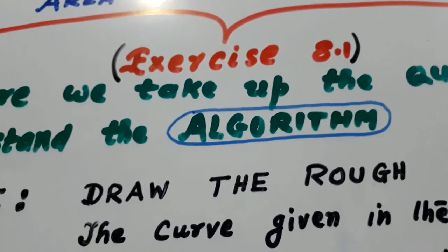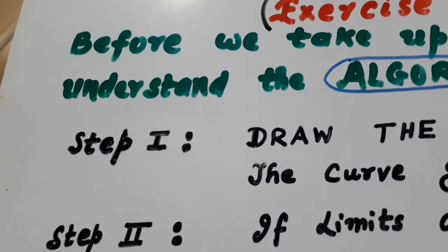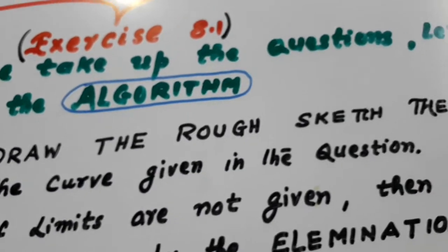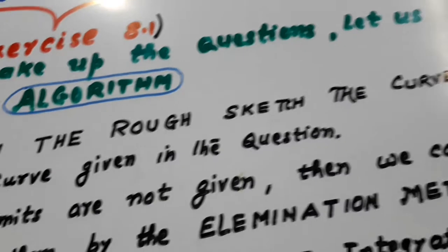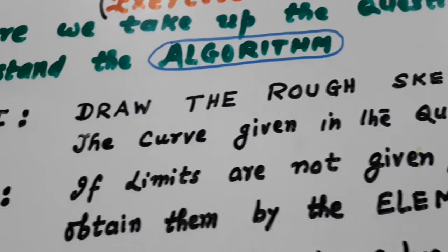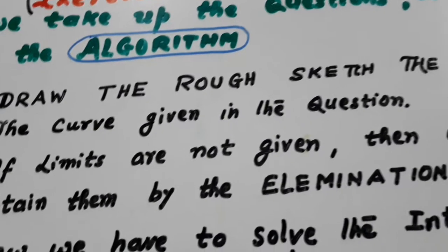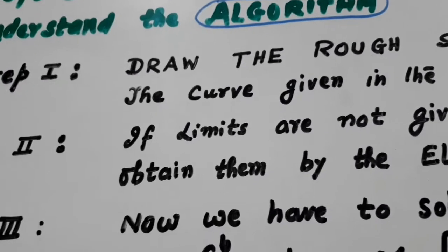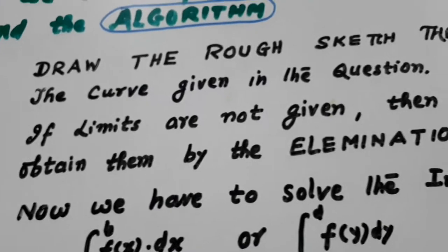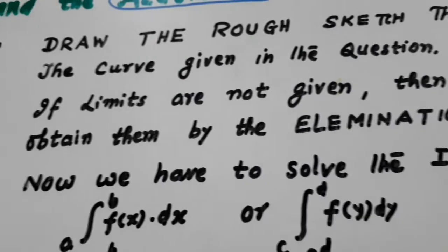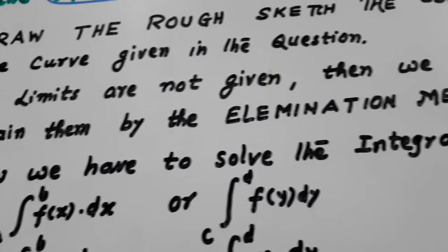The algorithm is step by step. Step number one, draw the rough diagram, a rough sketch of the curve. The curve is already given in the question. Secondly, if limits are not given, then we can obtain them with the help of the elimination method.